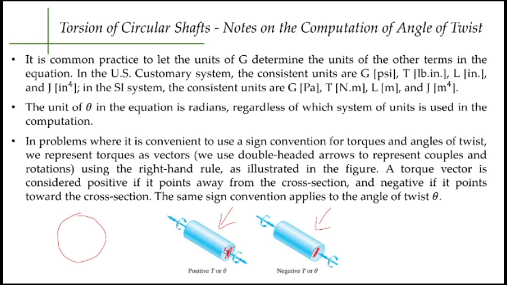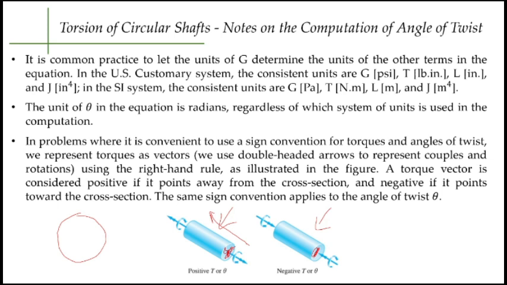If in your analysis you start here towards there, then every time you cut a cross section and assess your right hand rule, you always assume as if you are putting your right hand on top of the cross section, perpendicular to the cross section. And if the torque follows the natural curl of your fingers, then that is a positive torque.